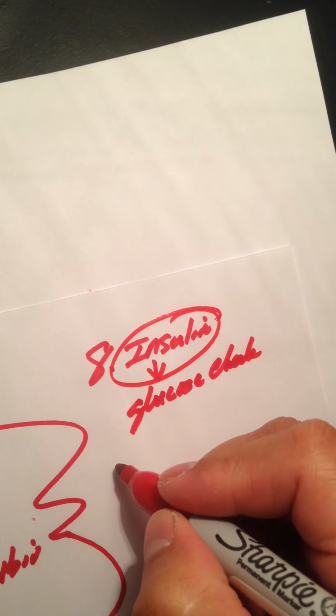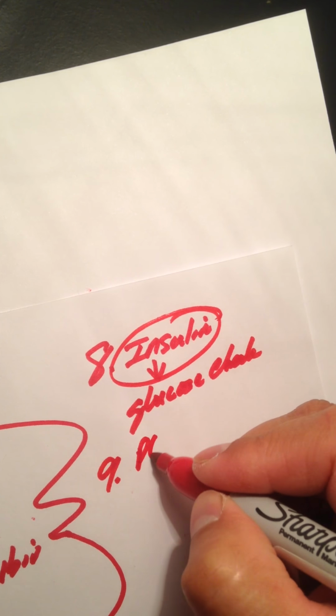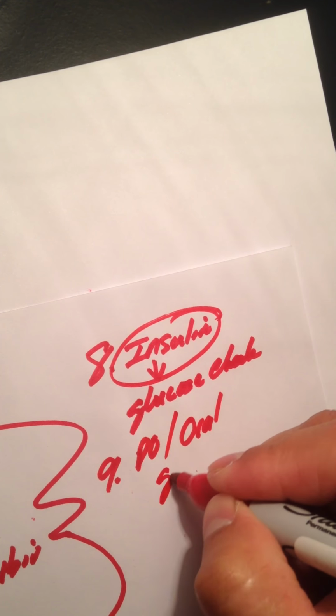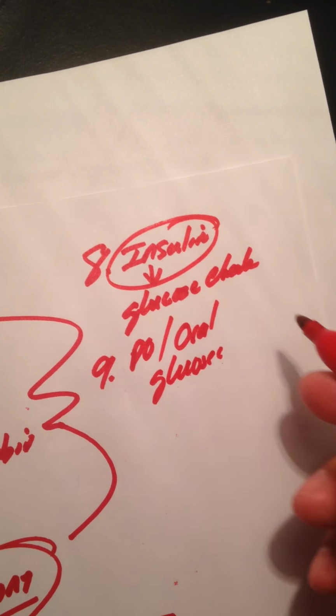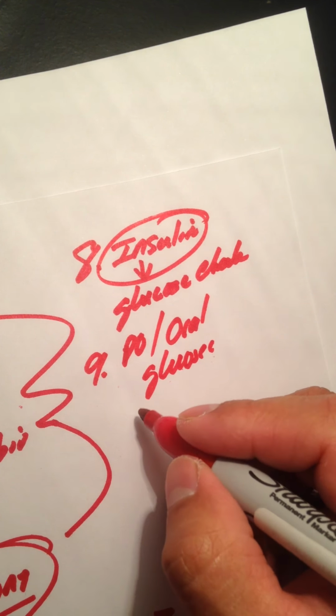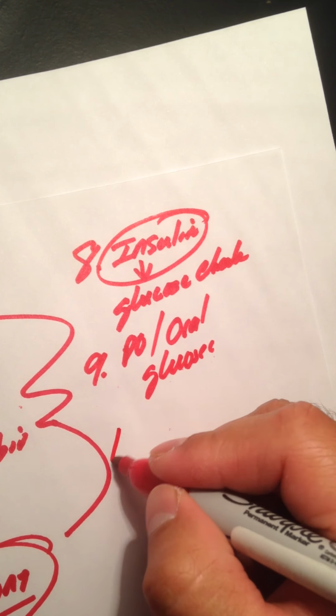So that you actually know how much insulin you're giving. Number 9, you're going to provide PO or oral glucose meds, and we talked about these earlier. For example, glucophage, glucovance, metformin, something like that, to again control those sugar levels that are rising.